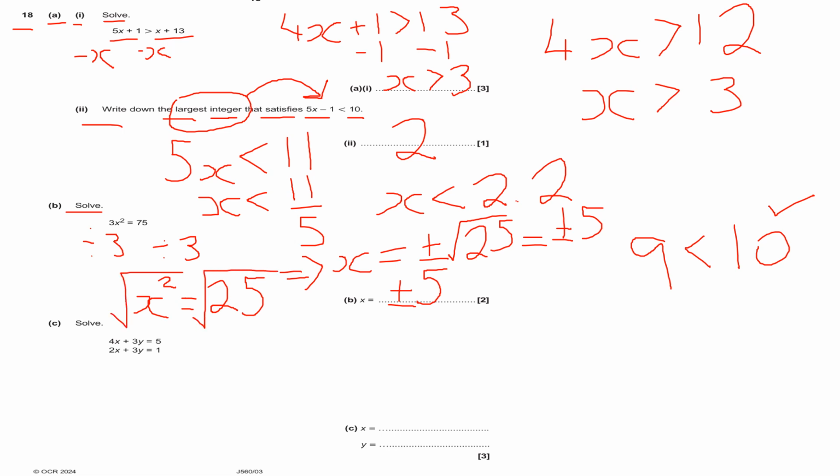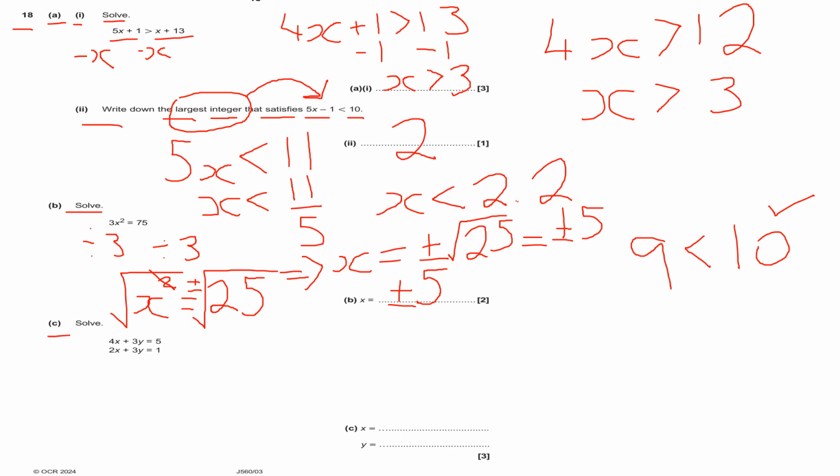These just cancel because they're inverse operations. So x equals plus or minus the square root of 25, which is plus or minus 5, because 5 squared is 25, and minus 5 squared also equals 25.